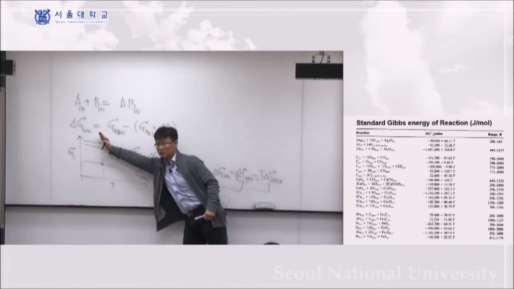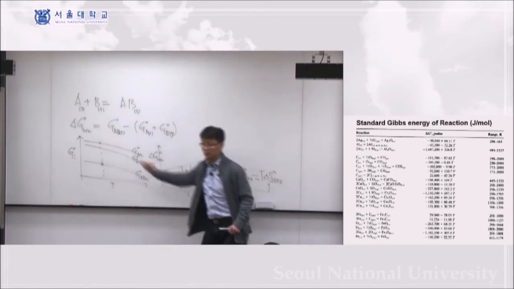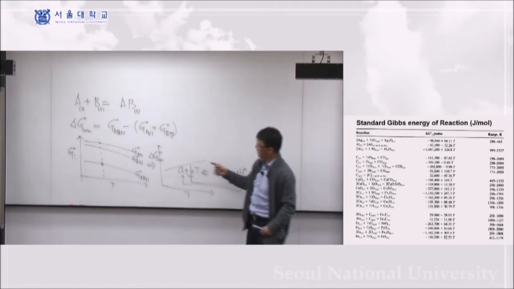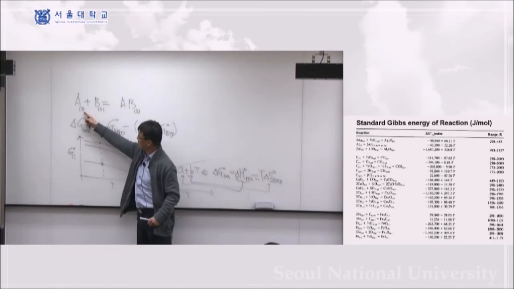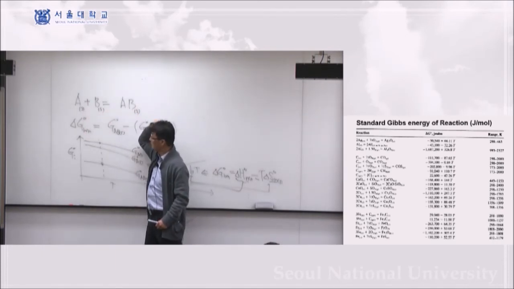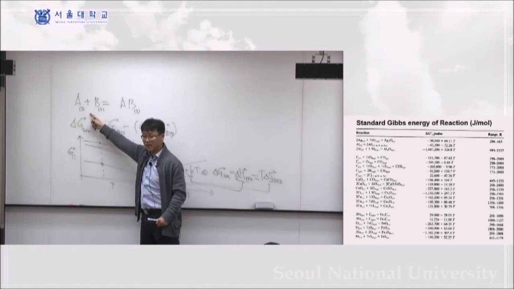Gas phase is much steeper. Entropy is much bigger, sorry. So when you have a chemical reaction, for example, a solid phase and a gas phase becoming a solid phase, then the reactant has much higher entropy.